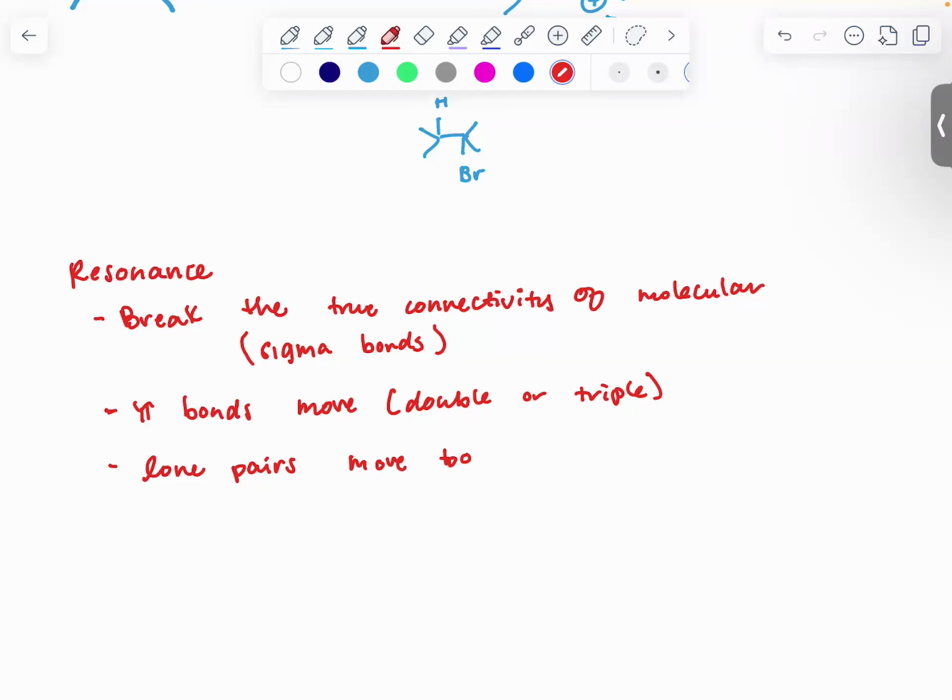Charge is a good place to start. You need some kind of electron source. And you are then going to push those electrons all the way around the molecule as far as you can, or as many times as you can.